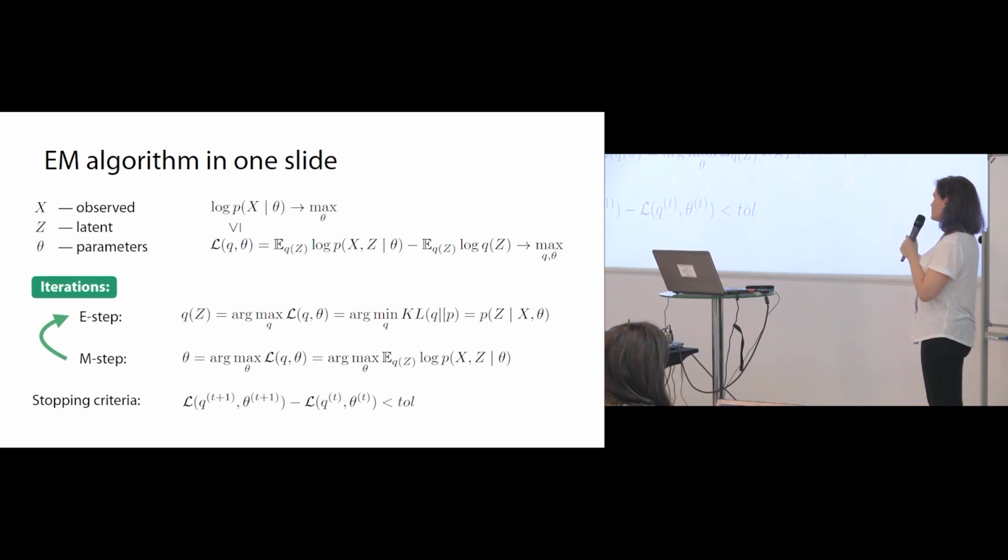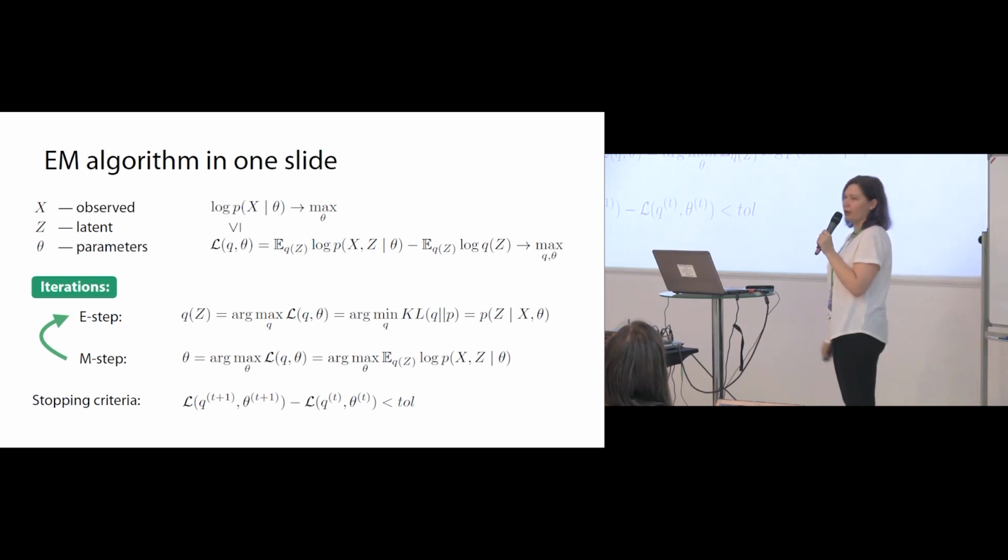Since this procedure is iterative, we need some stopping criteria to understand when we should stop. Usually, this criteria looks like this: we just check when the value of the lower bound stops changing. I hope that nobody has any questions right now. Okay?